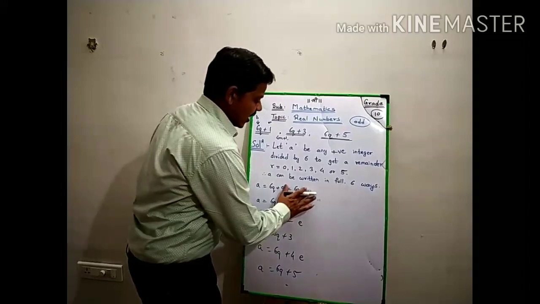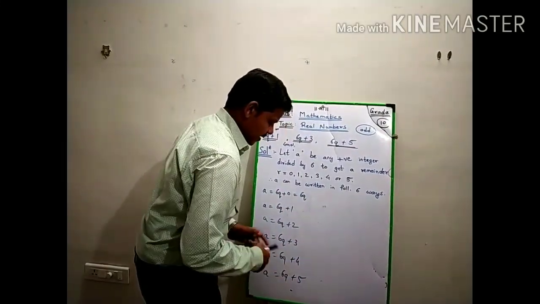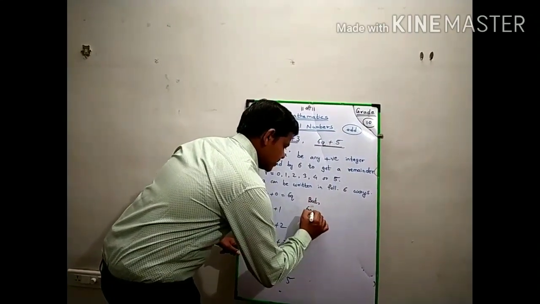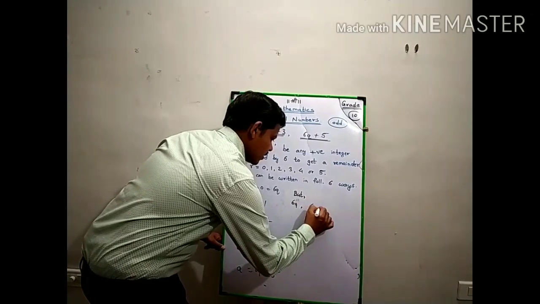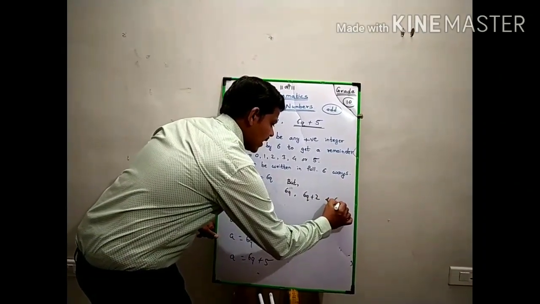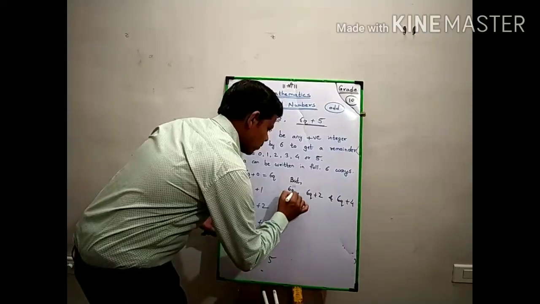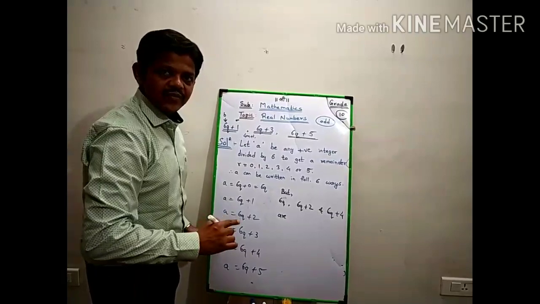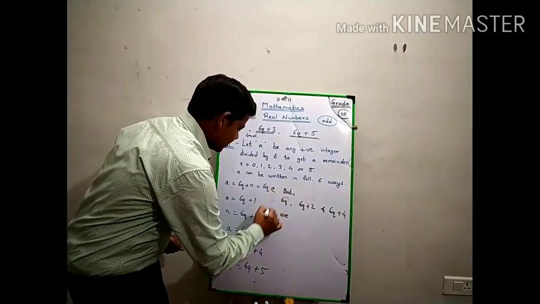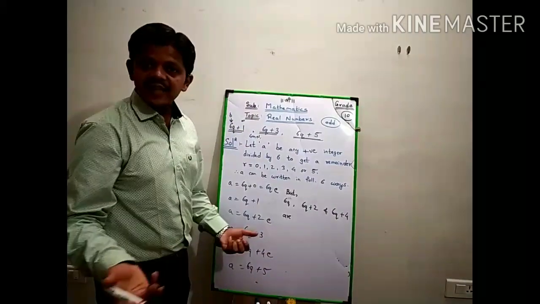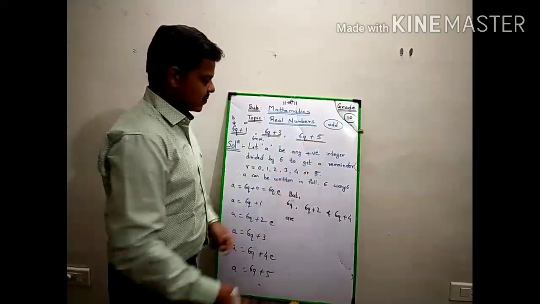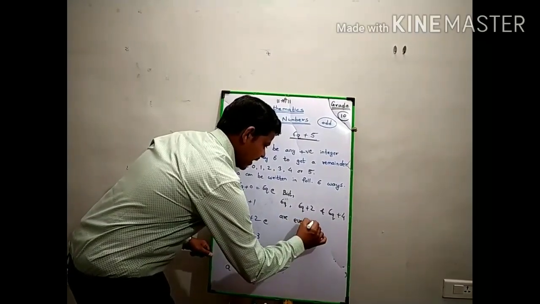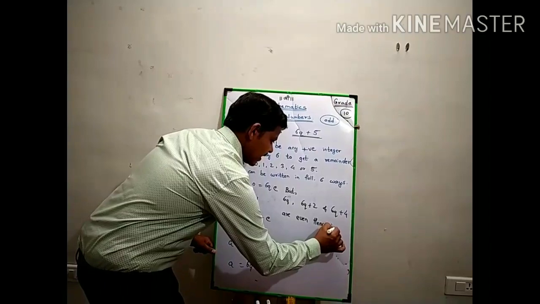So what am I going to write after this step is, we'll write 'but'. This is a very important statement. 6q plus 2 and 6q plus 4 are what? What are these numbers we had seen just now? Even plus even is even. We had written this is even, and hence invalid because they have asked us odd integers. So 6q plus 2 and 6q plus 4 are even, hence invalid.